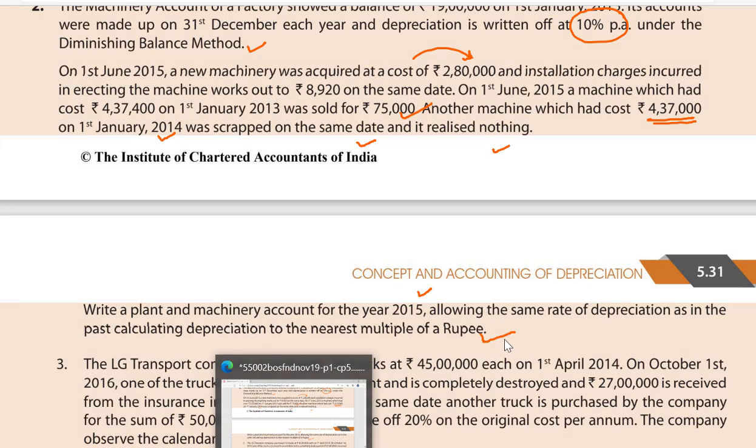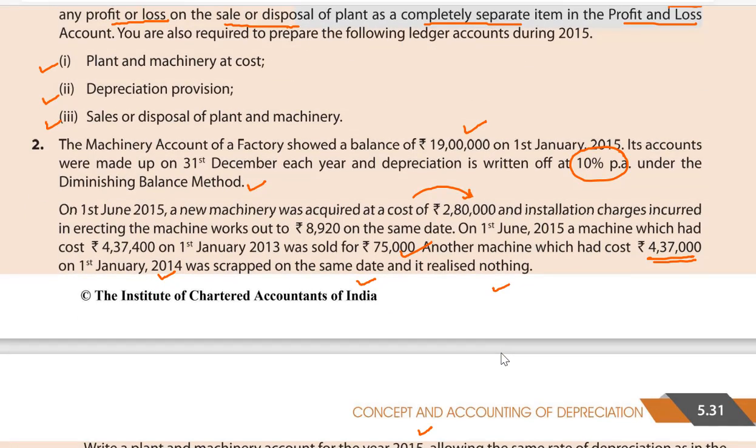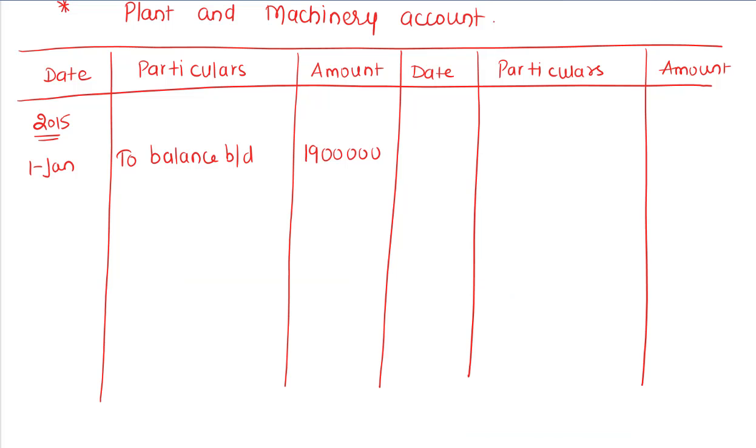You can refer to it from here. The machinery account of a factory showed a balance of 19 lakhs.